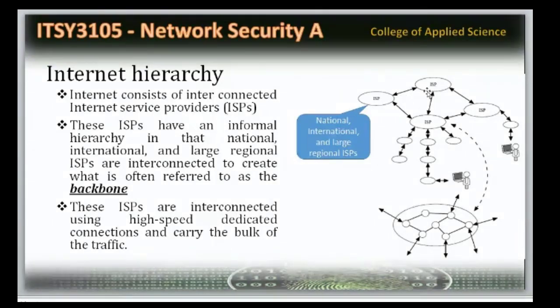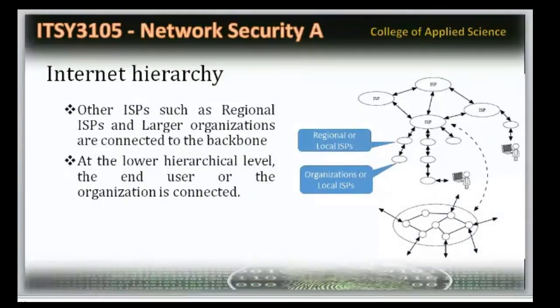So they will be very fast, and the connection will be very strong. ISPs will be connected using high-speed internet connections. Dedicated cables will be used to send and receive the data. This is what we understand from this particular slide.